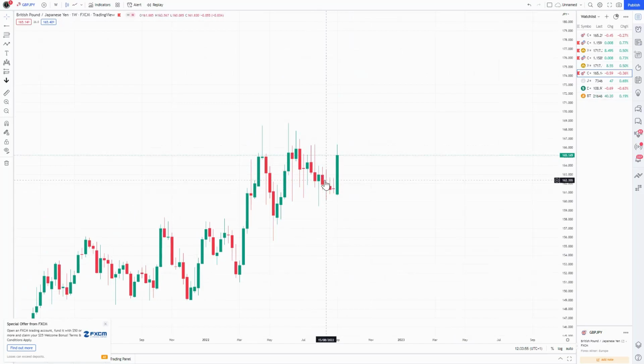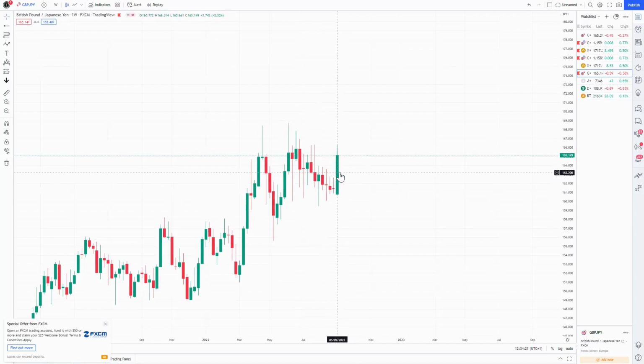You pay attention to market structure, market behavior, market pattern, market trend. Once you pay attention to all these things, it will be easy for you to trade. You understand? You get used to the chart, you get used to the market, to the way the market responds to moves. You understand? So these are a series of weakness in the bearish candlesticks. That's to tell you the bears are weak and the bulls are about to come in.